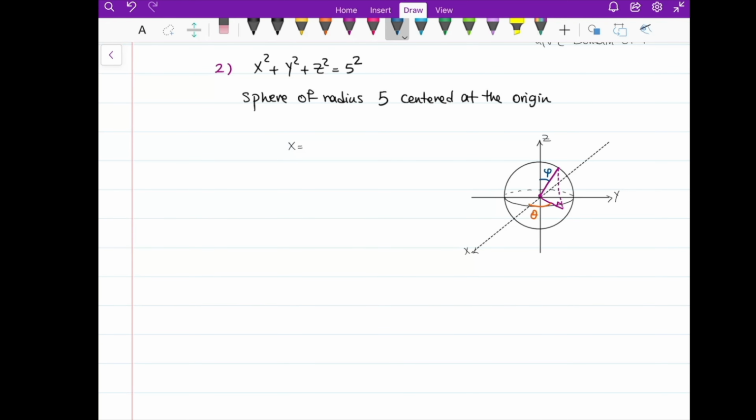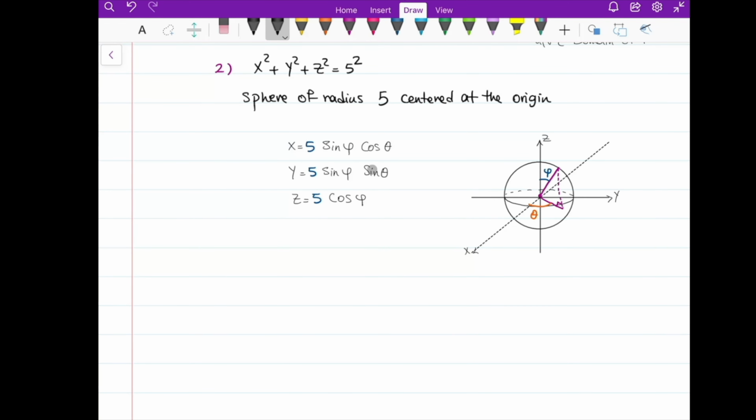So when I want to parameterize that, I get x equals 5 sine phi cosine theta. For y, I have 5 because the radius of the sphere is 5, and then sine phi sine theta, and then z is equal to 5 cosine phi.